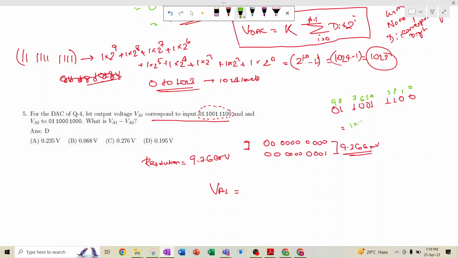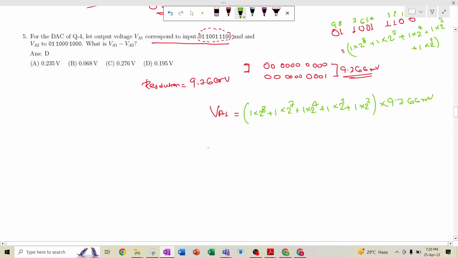So it will be 1 into 2 to the power 8 plus 1 into 2 to the power 7 plus 1 into 2 to the power 4 plus 1 into 2 cube plus 1 into 2 square. This multiplied with 9.766 millivolt is VA1.